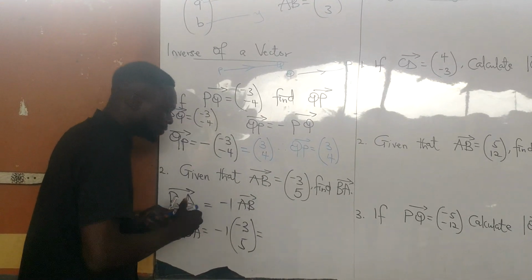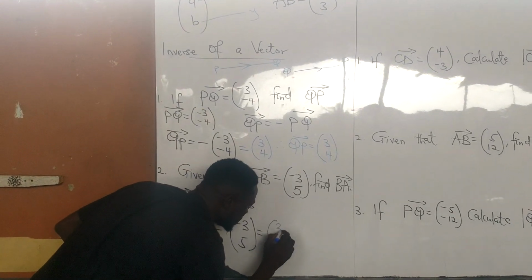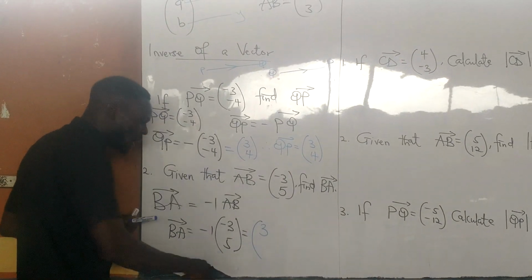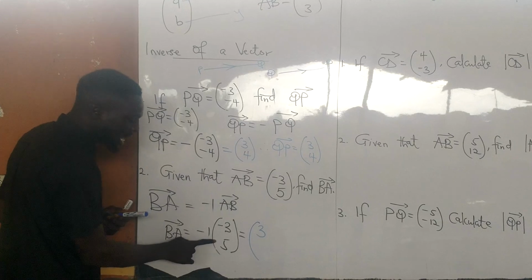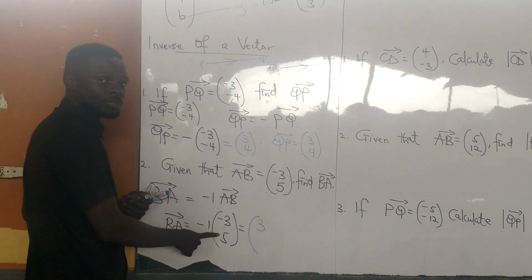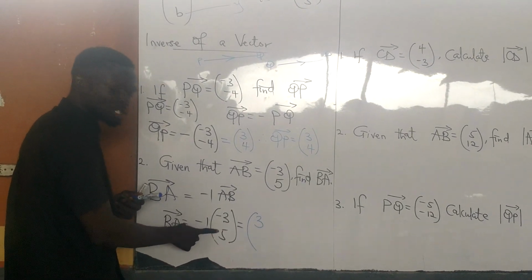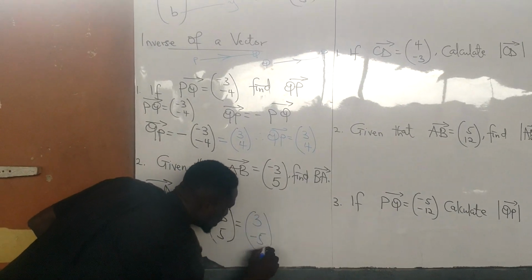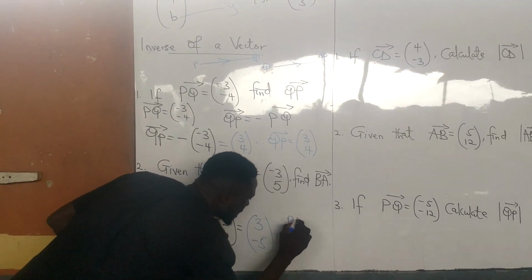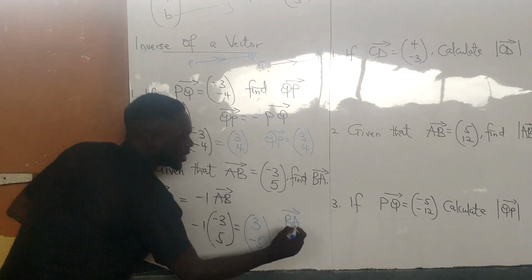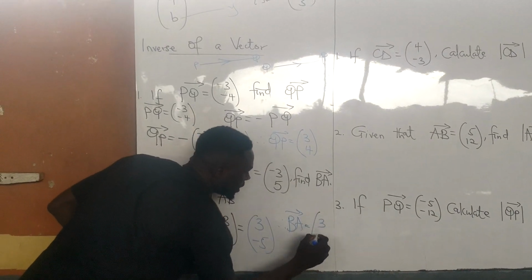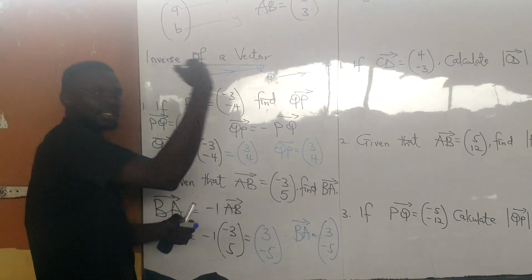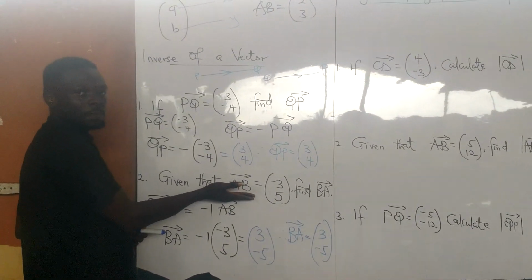Negative times negative gives you positive, so this will be 3. Then you have -1 times 5. The sign in front of the 5 is positive, so negative times positive is negative. That gives you -5. So therefore, the vector BA is equal to (3, -5), and this is the inverse of AB.